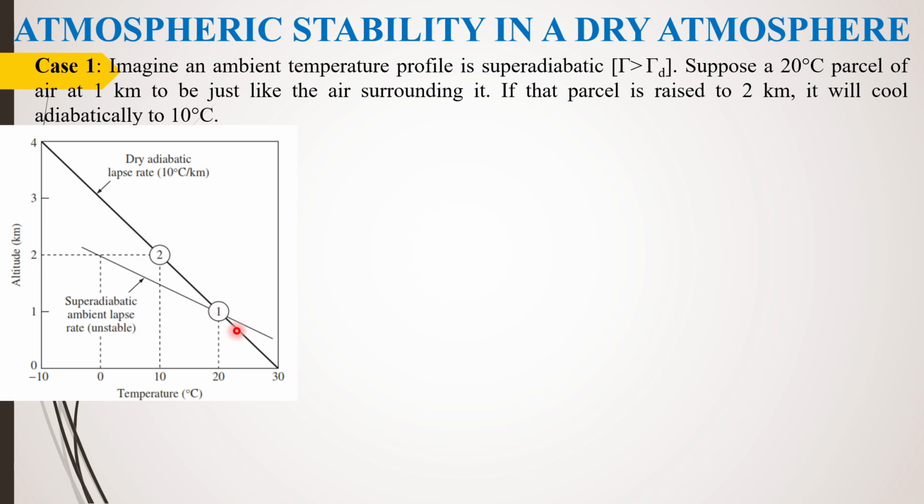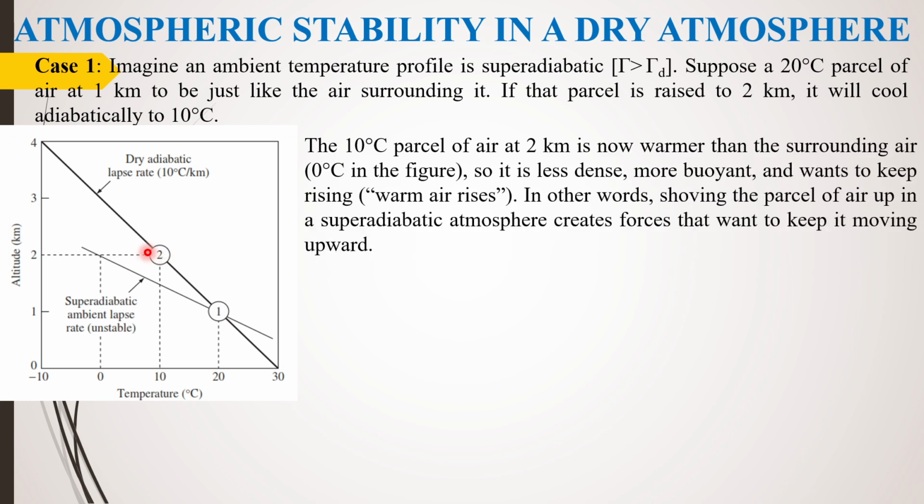So at the first position, the air parcel was at 1 kilometer altitude, and its temperature was 20 degrees. And if it is lifted 1 kilometer more, then in the new position, its temperature is 10 degrees centigrade at this 2 kilometer altitude position.